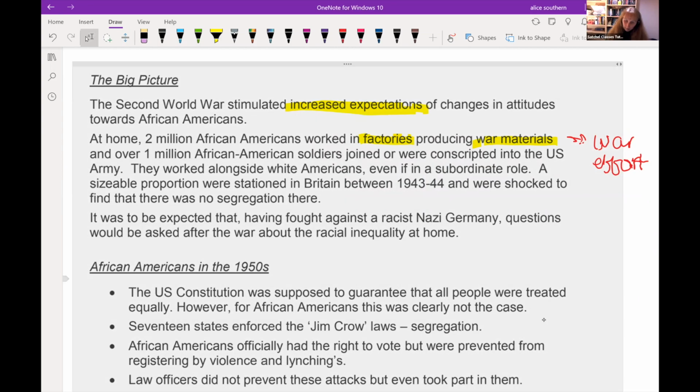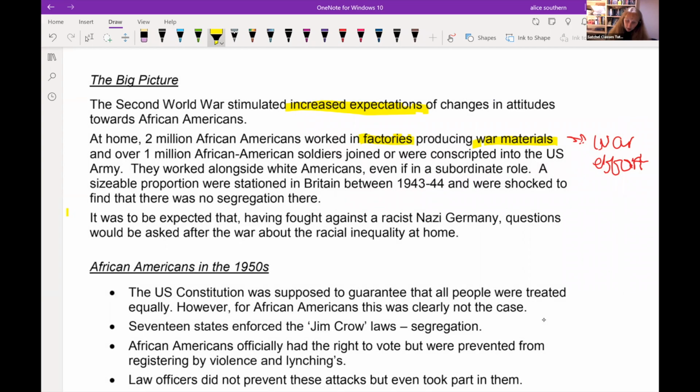We also have over 1 million African American soldiers joining or conscripted. If you are conscripted, that means that you have compulsory military service. You have to join the forces if you are conscripted. So they either volunteered or were conscripted into the US Army, and they work alongside, and this is our key word here, white Americans, even if in a subordinate, which means less than, role.